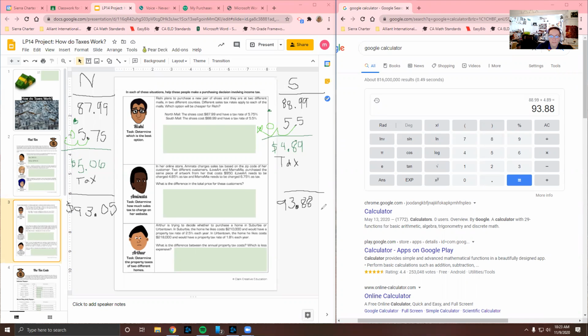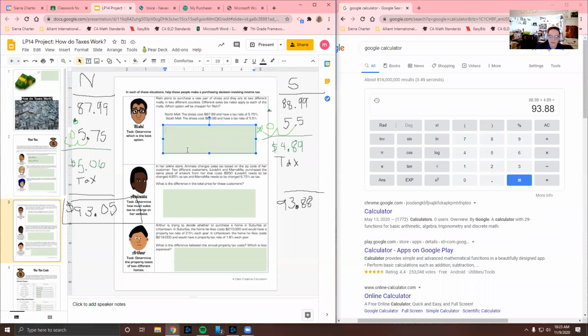Okay, so in comparing, these shoes are the better price, right? 5 cents is cheaper than the 88 cents. So once we've done all that work, you want to make sure you type your answers, give me good, complete sentences. So the shoes at the North Mall cost $93.05.